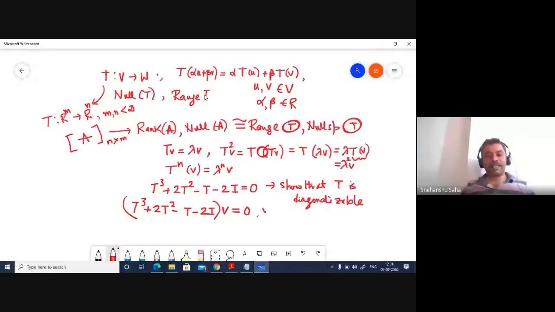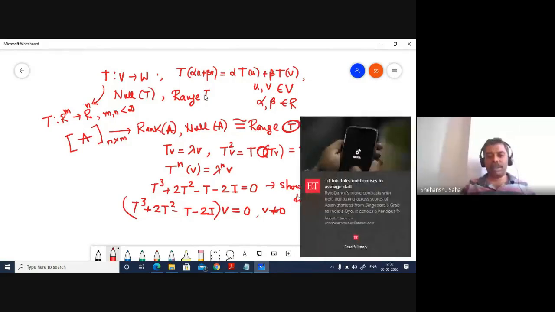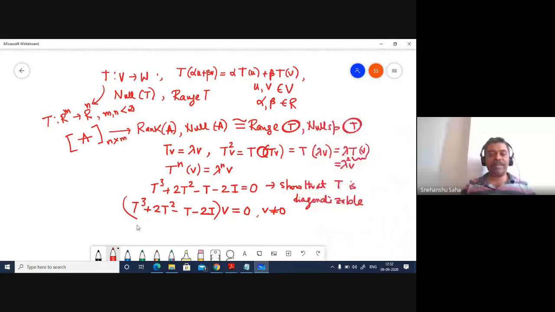But you can look at this because it's a linear transformation, so this addition is distributive, which means what? I can write this as T cube of v plus 2T square of v minus T of v minus 2I of v, correct? And by the previous property that we have established, I can rewrite T cube of v as lambda cube of v.